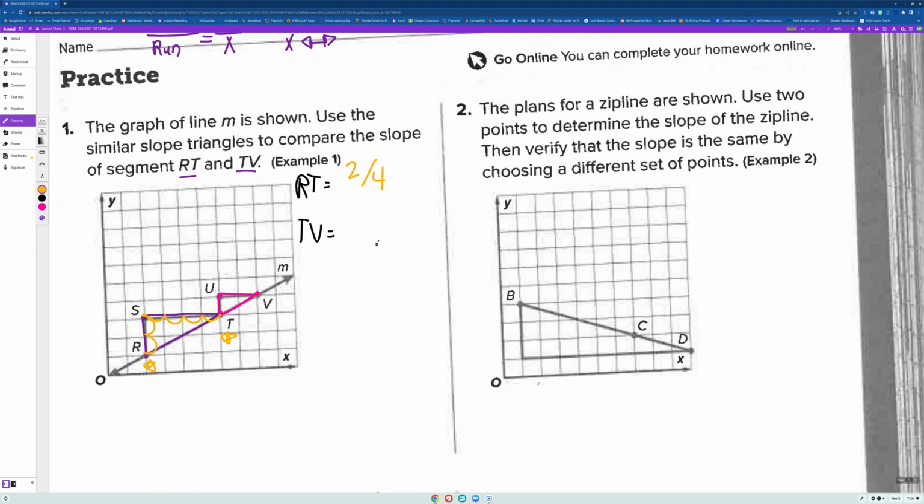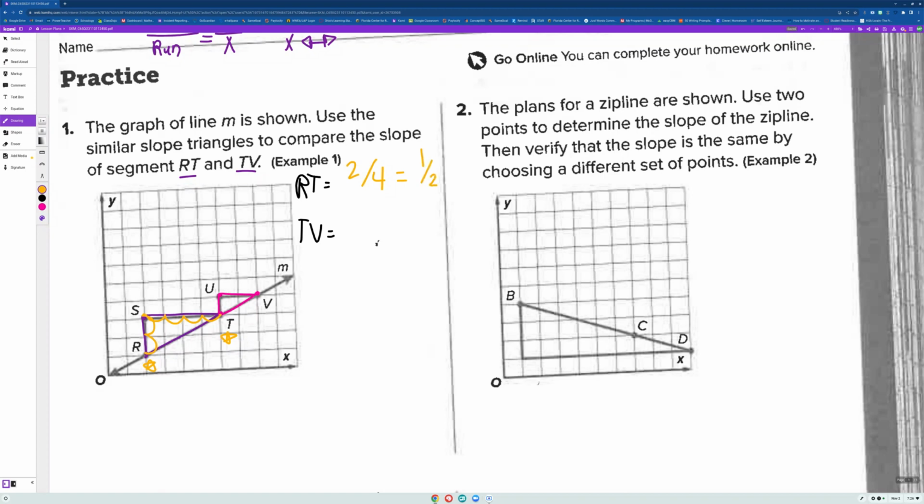So 2 over 4 can be simplified, and I know this because if I divide 2 by 4, it's going to simplify for me, but also I know that 2 and 4 have a number in common, and that would be 2. So if I divide my numerator and my denominator by 2, I'm going to get 1 over 2.